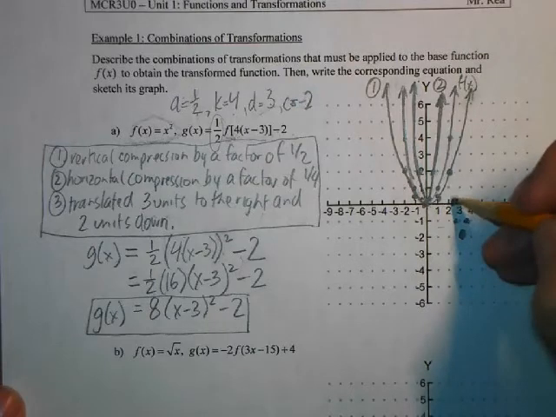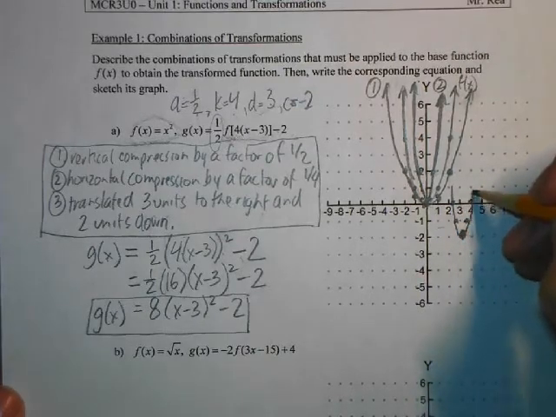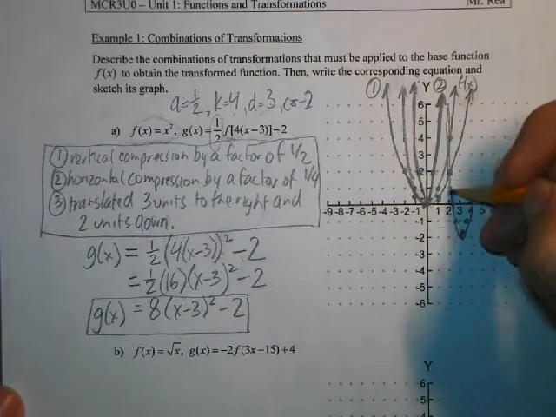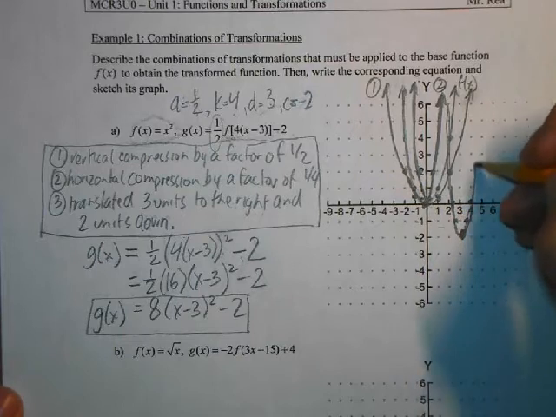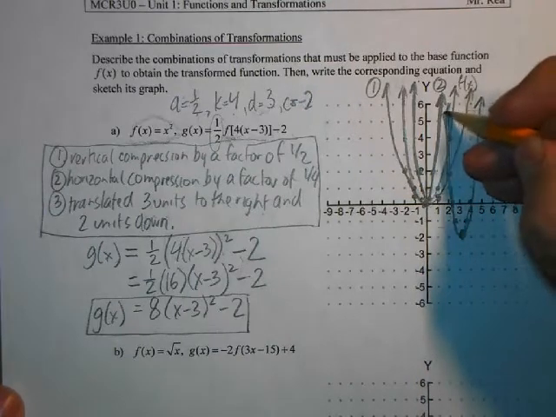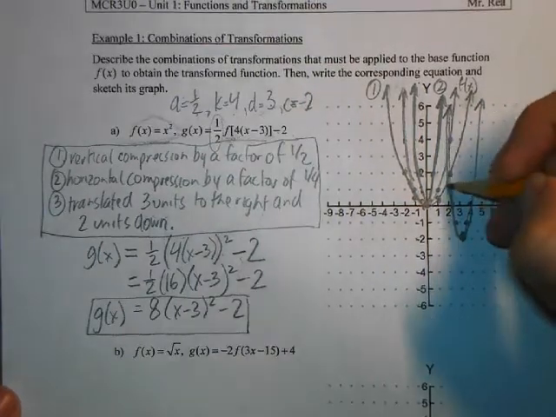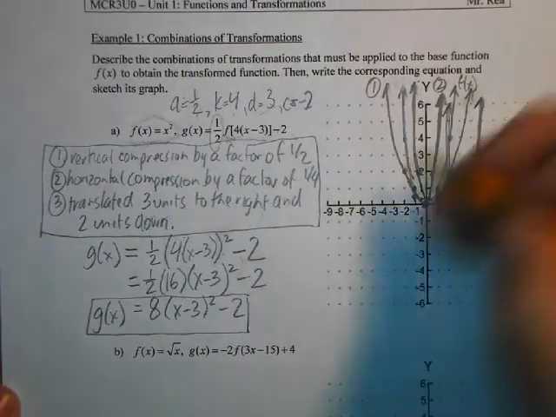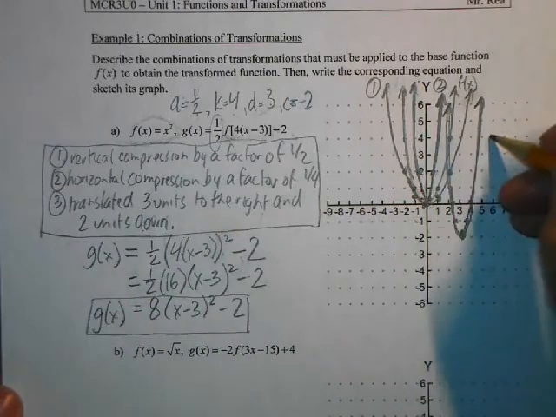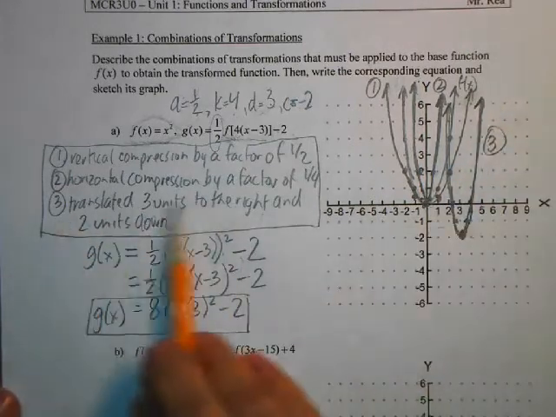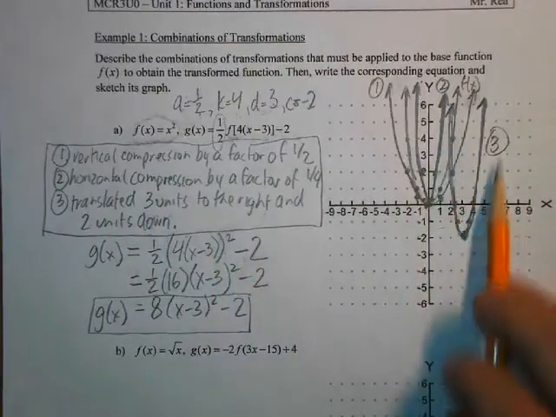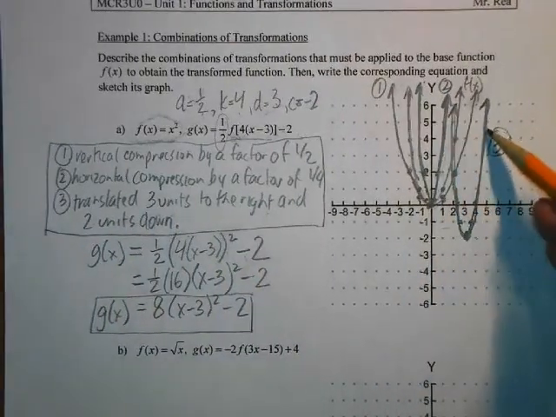Again, this is a very skinny looking parabola. It should look identical to that shape if I do everything right, but this is a pretty crude looking sketch. So this is the final version of my sketch, after applying the third instruction for the transformation, the 2 translations. So this would be your final graph here.